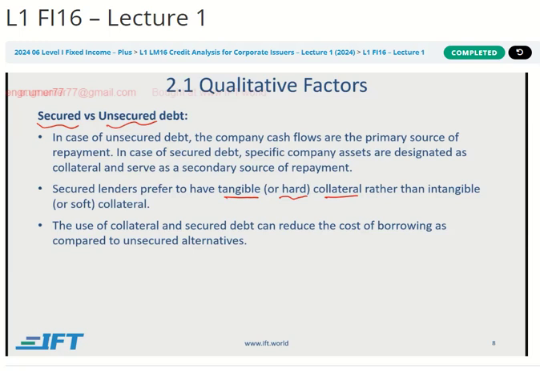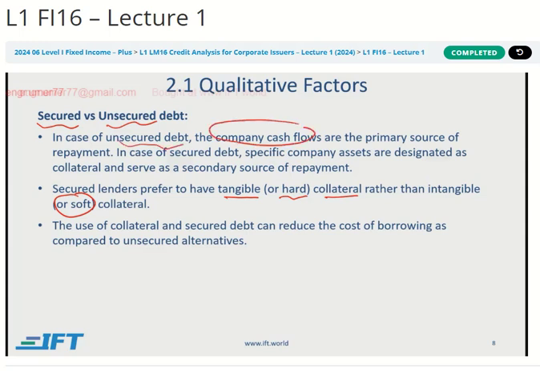Or you could have something completely intangible, which is not preferred, but it could be there, such as maybe a patent or a copyright or a trademark, right, which has a certain value. But in case of your unsecured debt, it's just the company's cash flows.